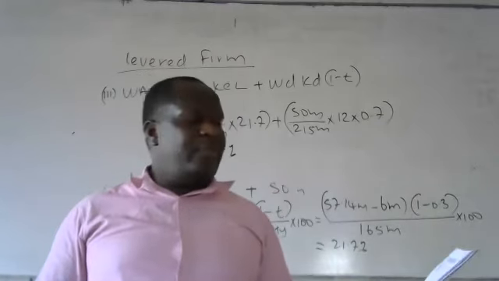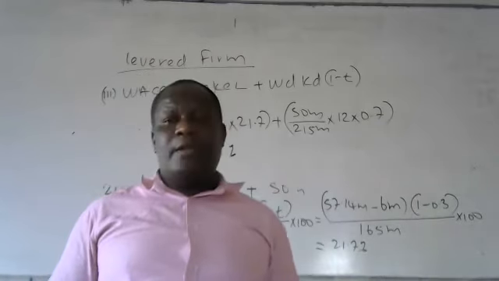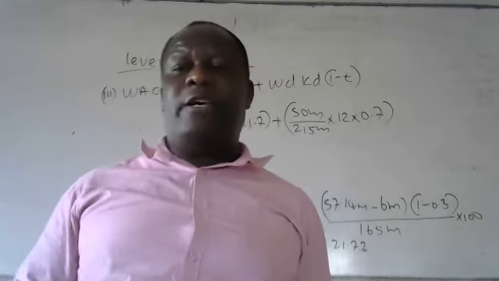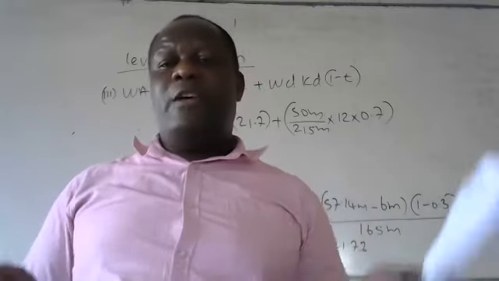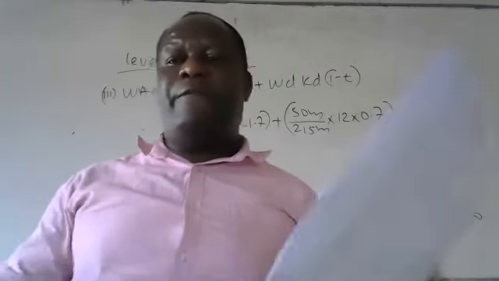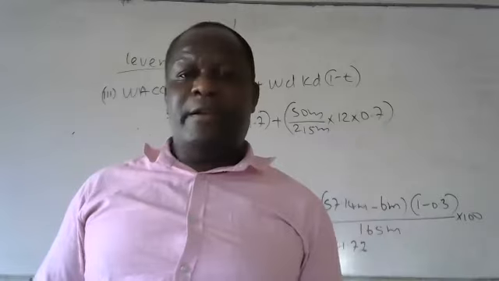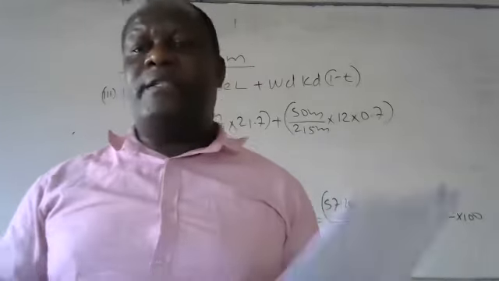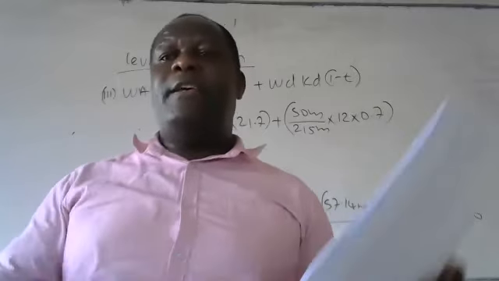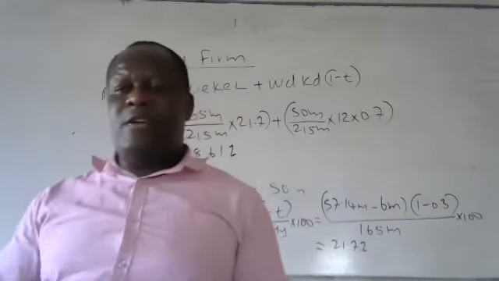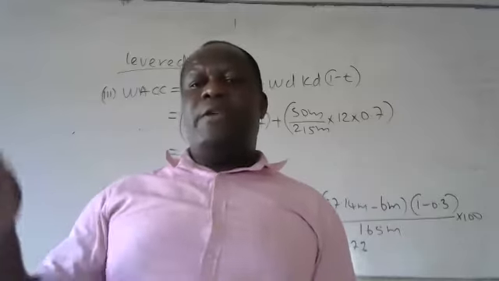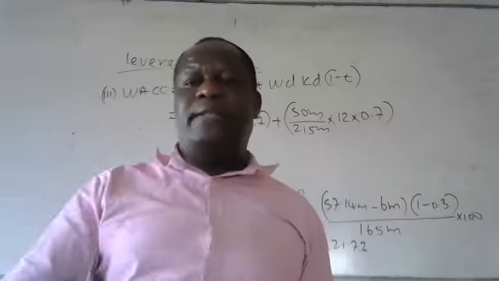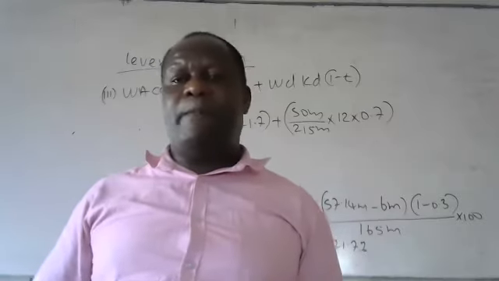So that was now the concept on the question. The question was given when the firm was unlevered. Get the earnings before interest and tax when the firm was unlevered. Then in the notes, we noted that the difference between the unlevered and levered value is the present value of the interest tax benefit.